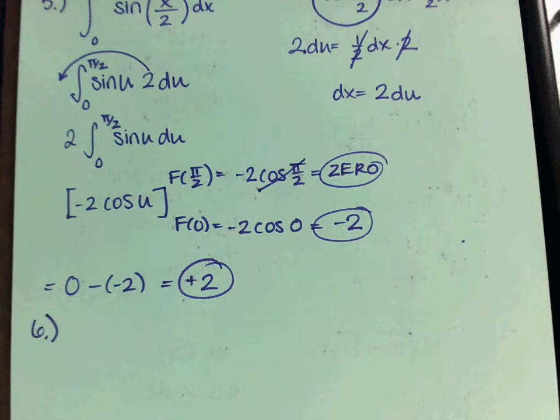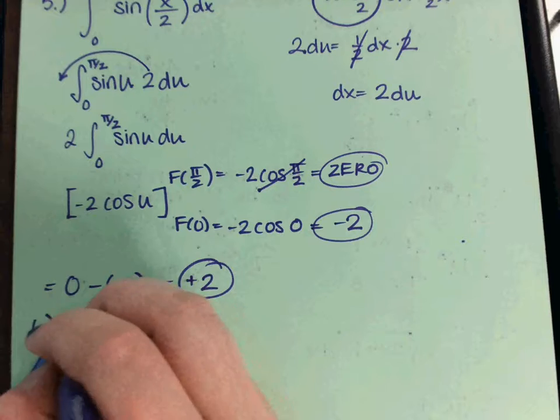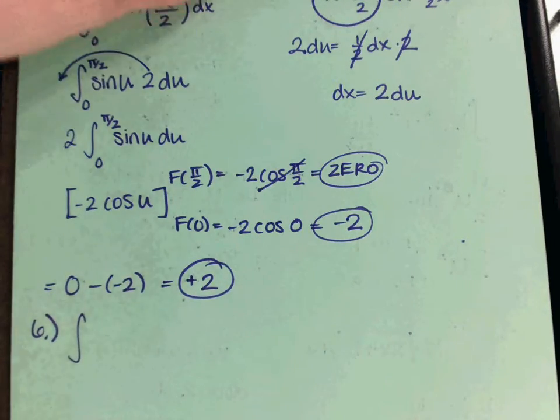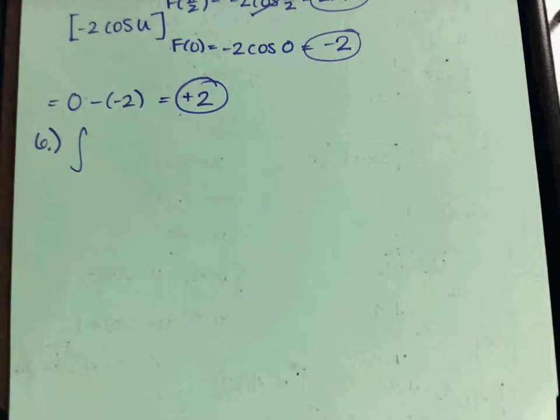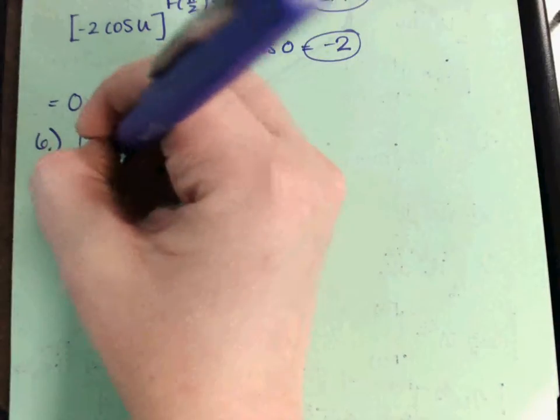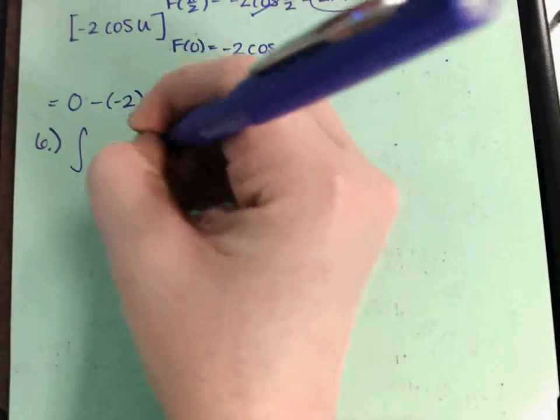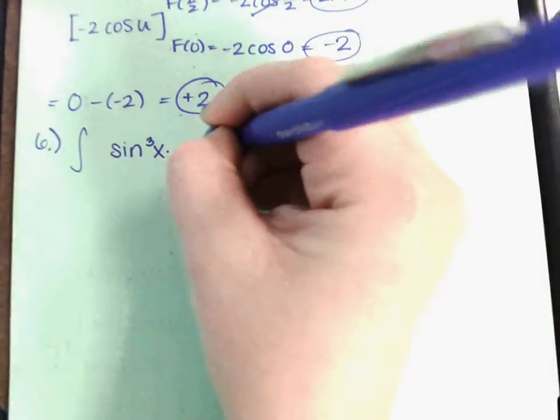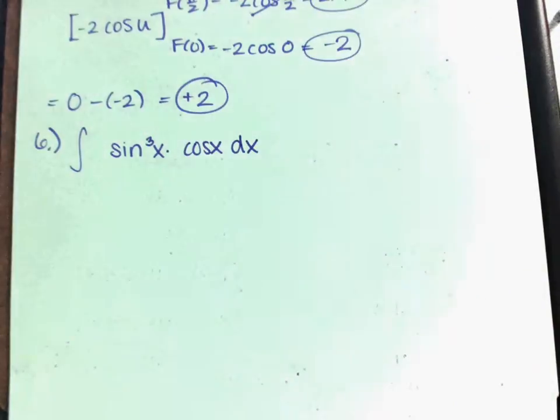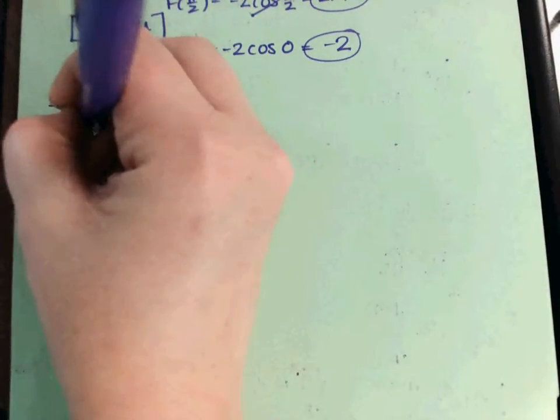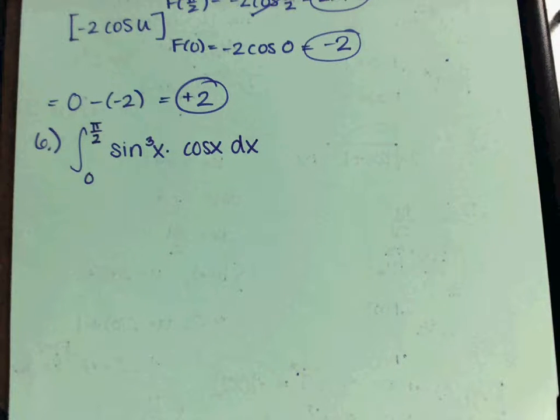Okay, number 6, integral. Okay, it's going to be sine cubed x cosine x dx from 0 to pi halves. Okay? Take a guess. What should you pick?